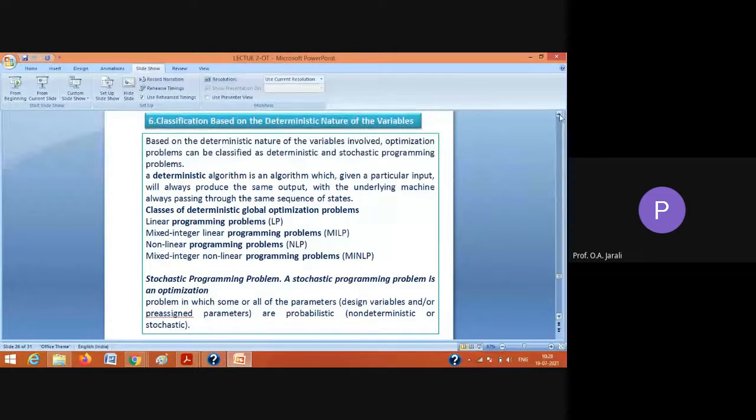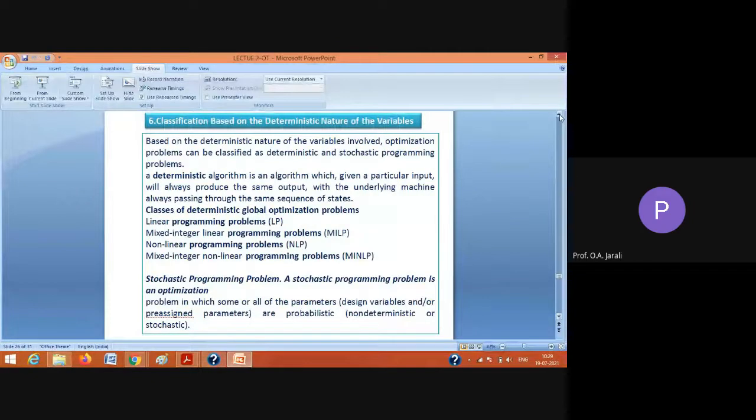Okay, so deterministic means where you give a particular input, it will always produce the same output, with the underlying machine always passing through the same sequence of steps. Means all mechanical machines are deterministic. Whatever raw material you supply, the same finished material is produced.